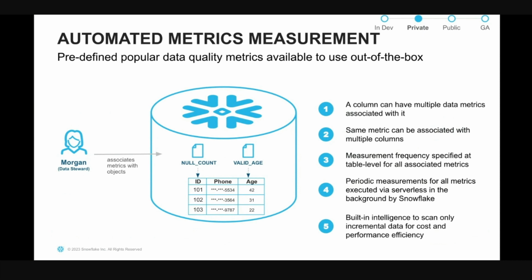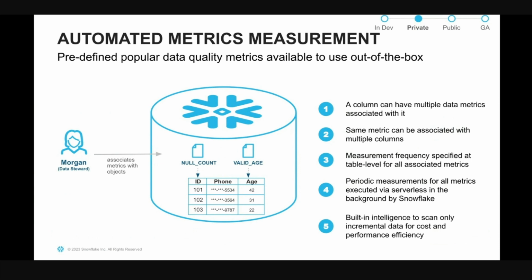So a metric can be associated with multiple columns, and a column can have multiple metrics as well. If you're creating custom metrics, you can put them in a common place so that other people on the platform can use them. What I mean by common place is maybe you might have a governance database with a data quality schema where you will store these custom metrics.